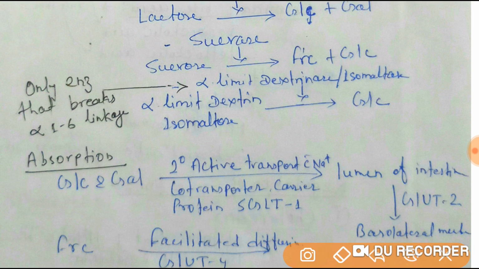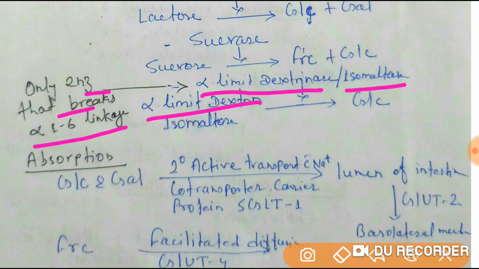Next, the only enzyme that breaks the alpha-1,6 linkage is alpha-limit dextrinase or isomaltase. Alpha-limit dextrin is broken down by isomaltase into glucose.